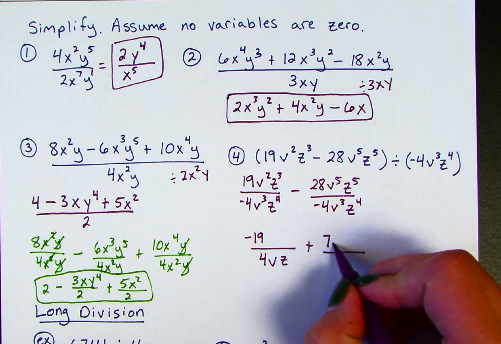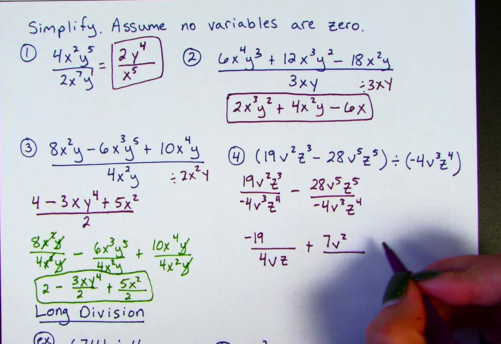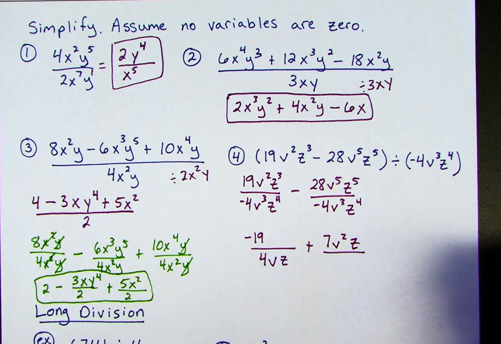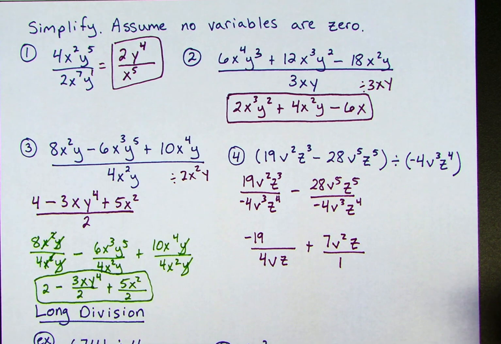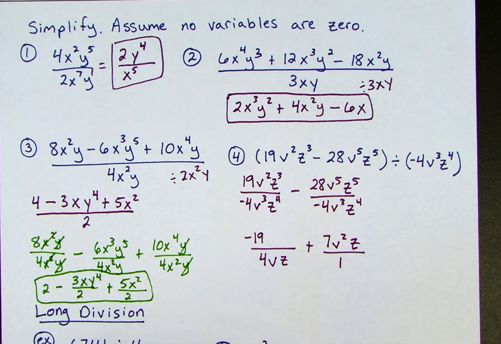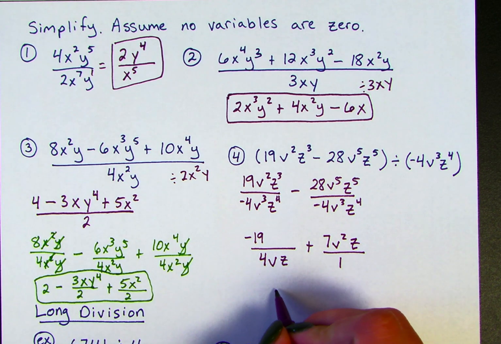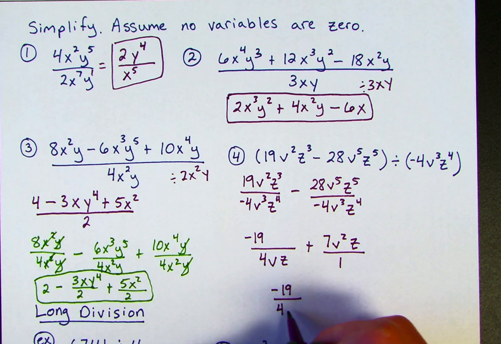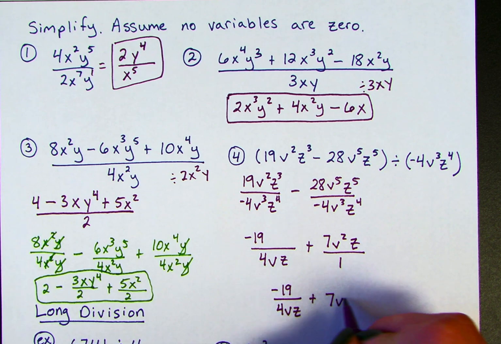And then I will have v squared in the numerator and z. Technically that would be over 1, but I don't want to write it like this. So my final answer would be negative 19 over 4vz, and then plus 7v squared z.